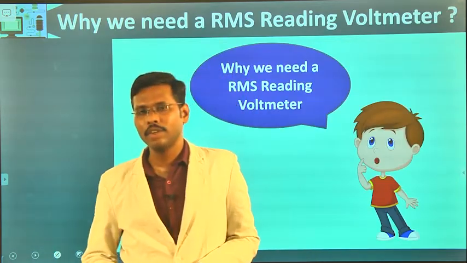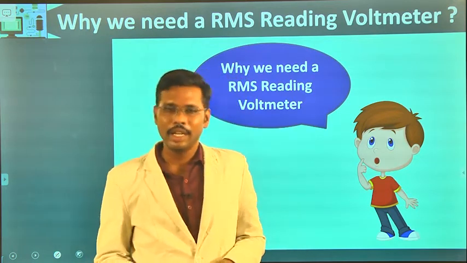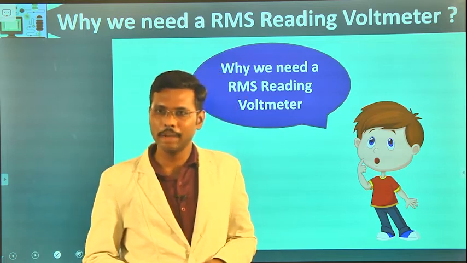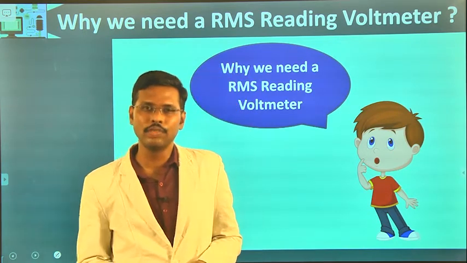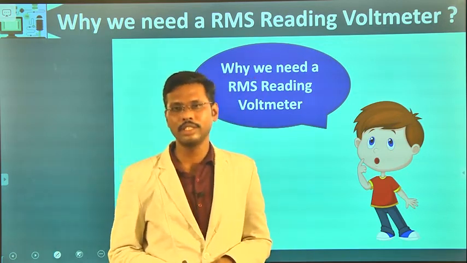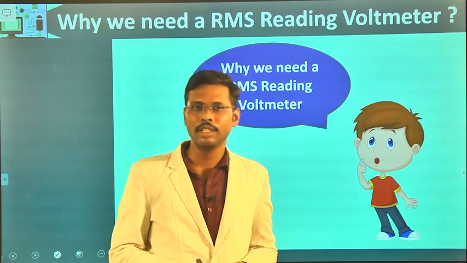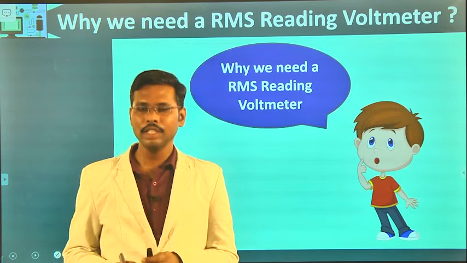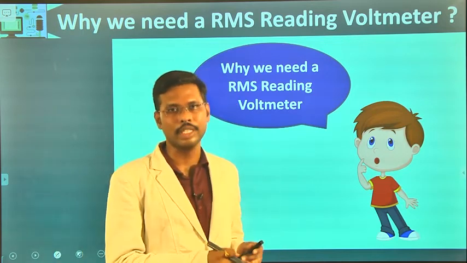In general, for the measurement of voltages we have a number of meters. In the same way, for the measurement of RMS signals we have averaging voltmeters, which are used for the measurement of RMS voltages of sinusoidal signals.